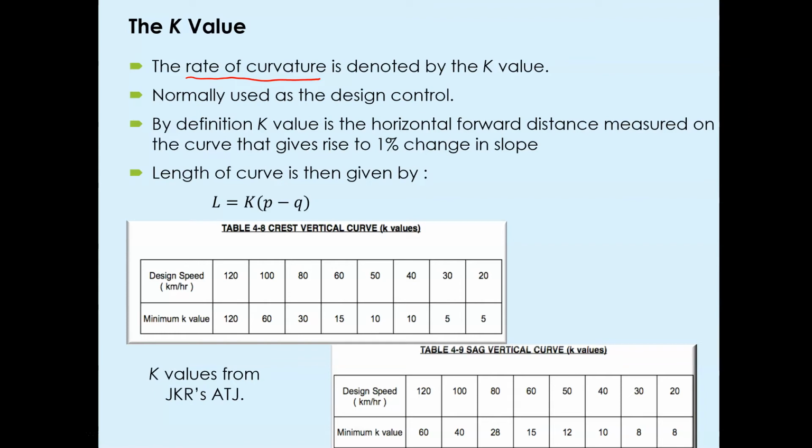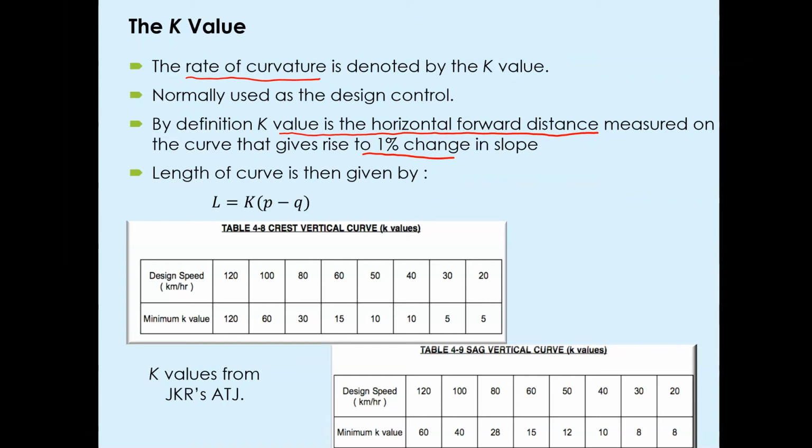What does K stand for? K is the value of the horizontal forward distance, measured on the curve, that gives rise to a 1% change in the slope. That's how far you go forward on the curve to get a 1% change in slope.